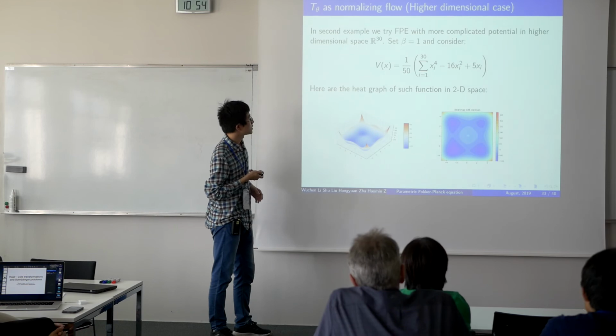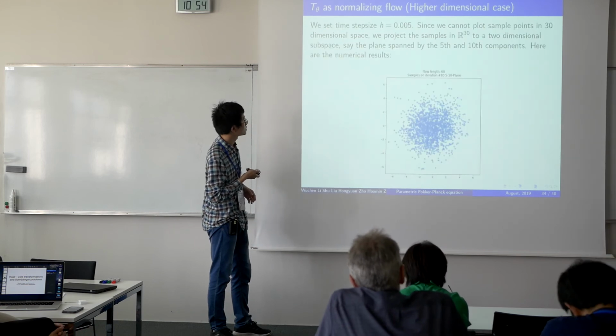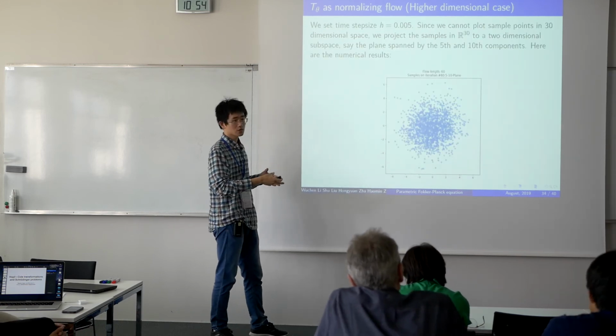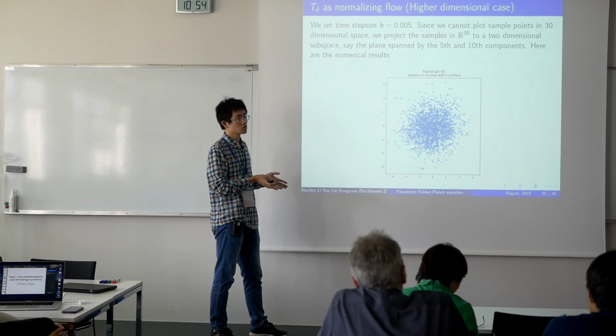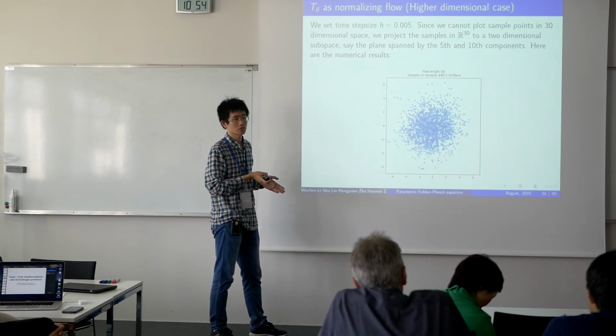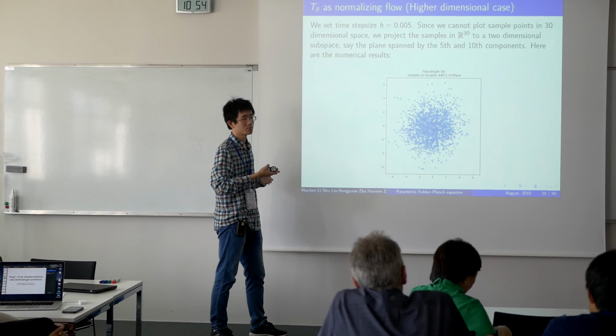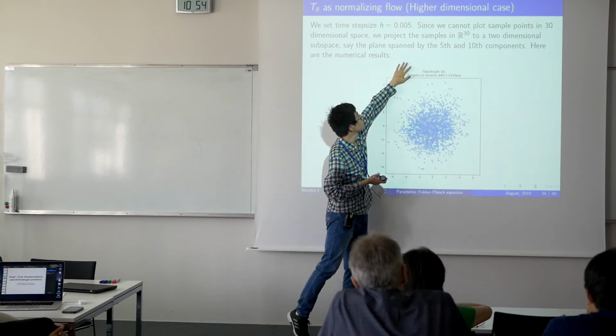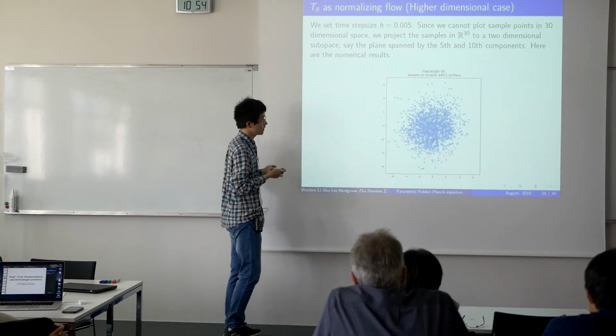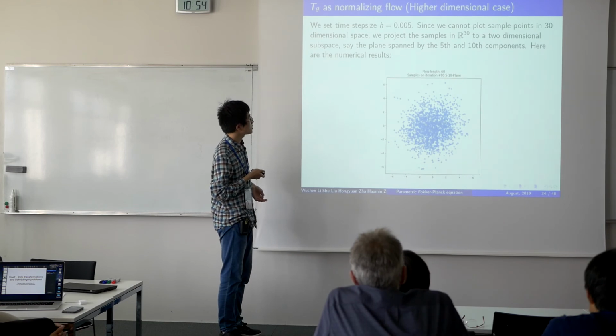So let us check the examples. Since we are in R30, it's not possible to visualize the data points, so we project them onto some random planes. I project them onto the 5th and the 10th plane, and the results look like this.